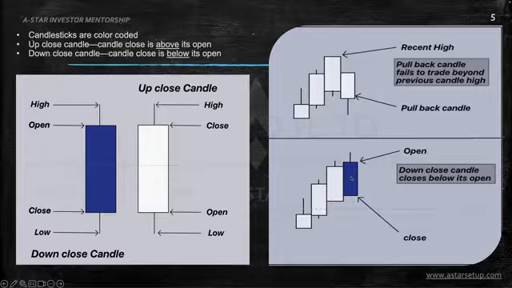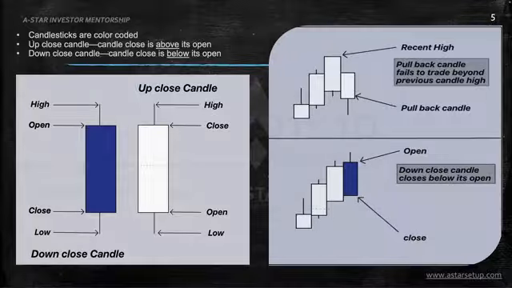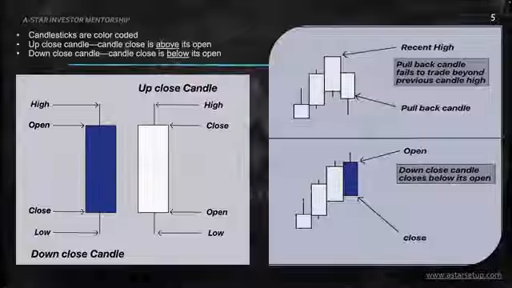Now, this down close candle is not a pullback candle. A pullback candle and a down close candle are not the same thing. Do you see from these two charts the difference? Put this in your notes, guys, because I'm only going to say this once. The difference between the pullback candle and a down close candle is that a down close candle can still trade beyond the previous candle's high. But it is a down close candle and will also have a different color because the close of price at the end of that trading session will be lesser than the opening price of the trading session.